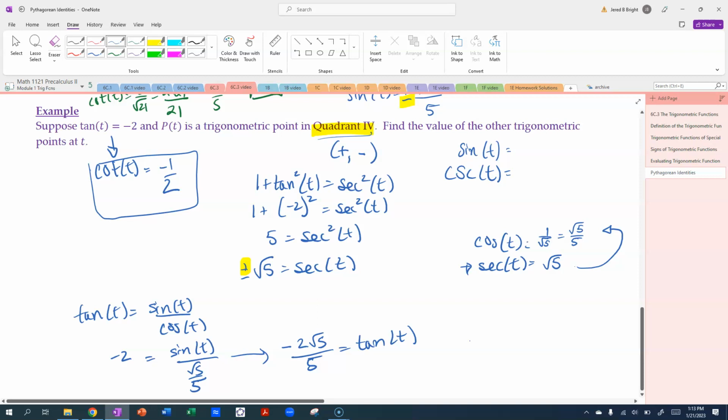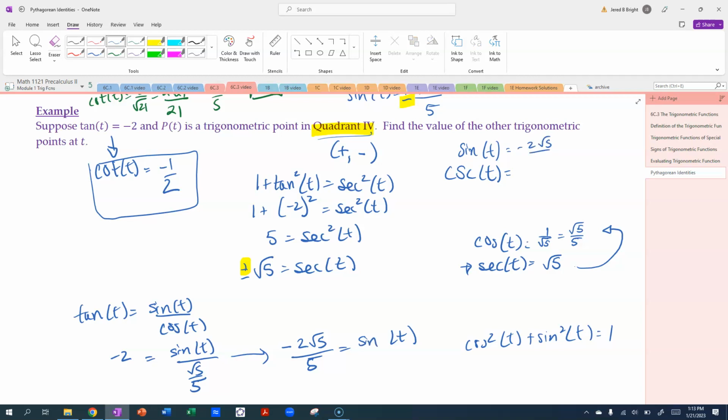You could also use cosine squared of t plus sine squared of t is equal to 1 and find it that way. So sine of t is -2 square root of 5 over 5. And it is negative, which makes sense because it's in quadrant 4 and it's the y coordinate.